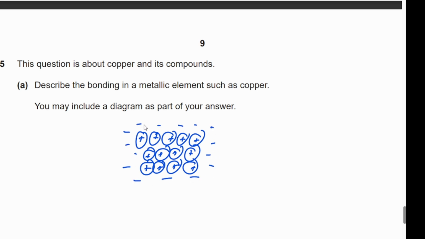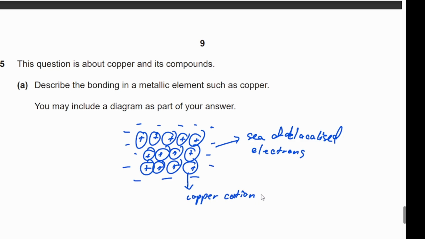The negative charges represent the delocalized electrons, and the plus represents the copper cations, right?